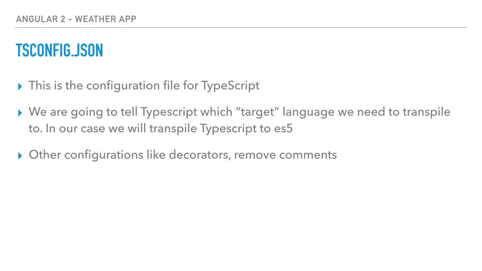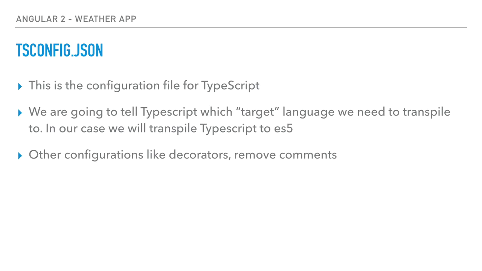Well, mostly the browsers right now only support ES5, so it's the common target up to today. But in the future, if the browsers support ES6, we don't need to generate JavaScript with compatibility to version 5, right? So this is what we are going to tell in this tsconfig.json.